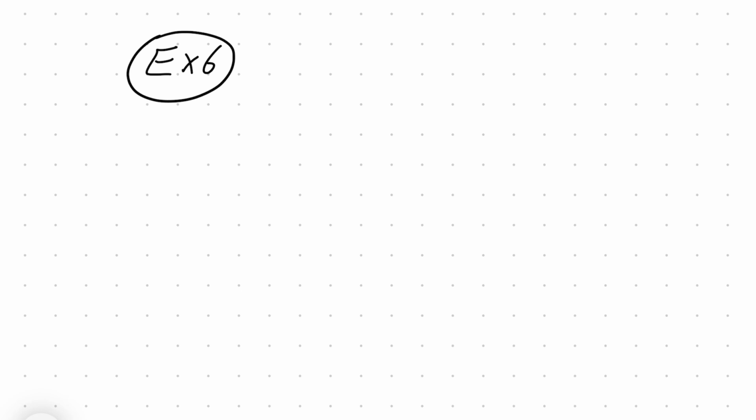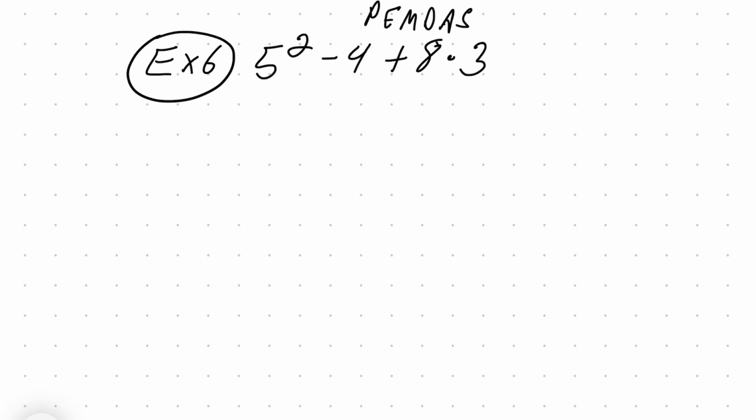Example 6: 5 squared minus 4 plus 8 times 3. Again, write PEMDAS above the problem. Do we have parentheses? No. Do we have exponents? Yes. 5 squared, which is 25. 5 times 5. Bring down the minus 4, the plus 8 times 3. Bring everything down.